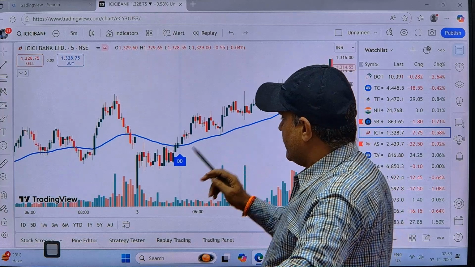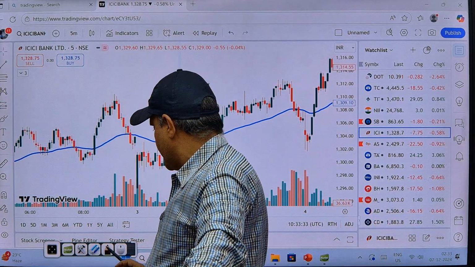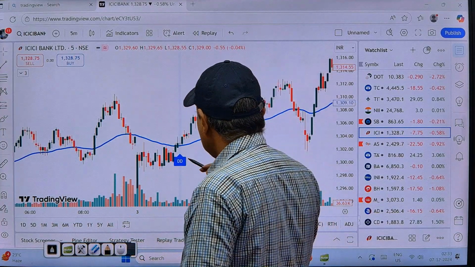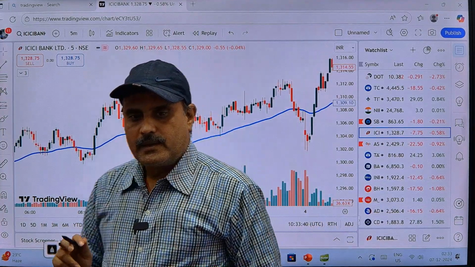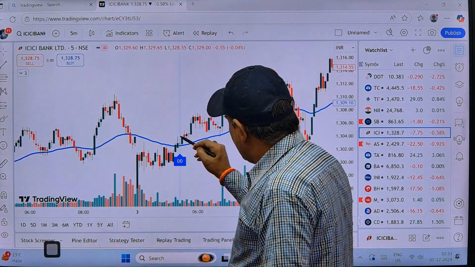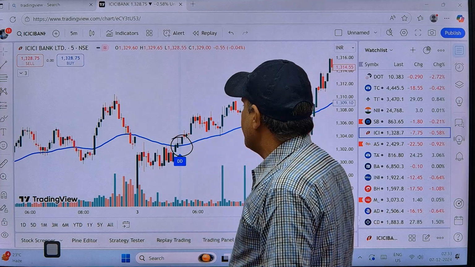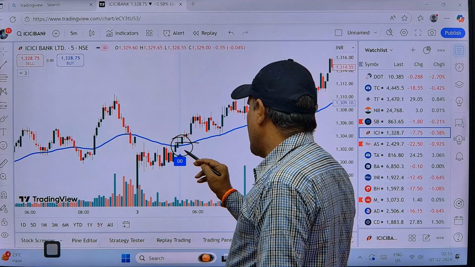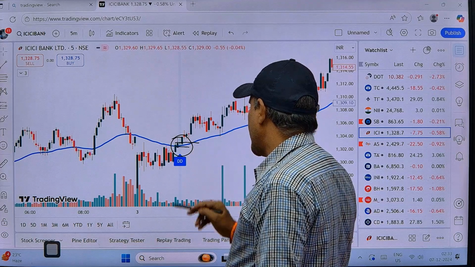Now here there is one formation, Dragonfly Doji. How are we going to trade it? First of all, we have seen one Dragonfly Doji. We are going to put one line above, one line downside.